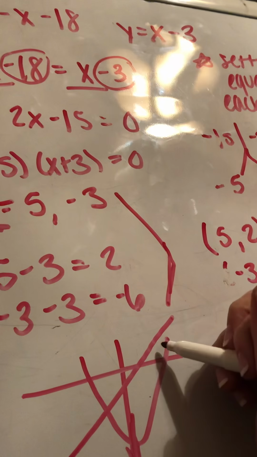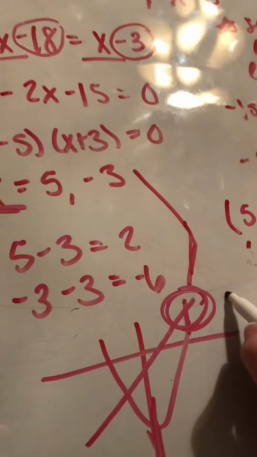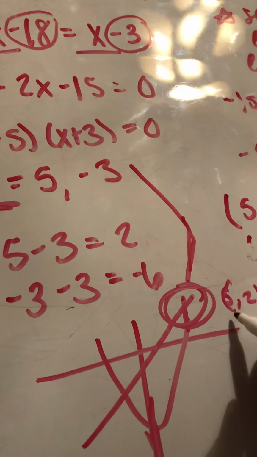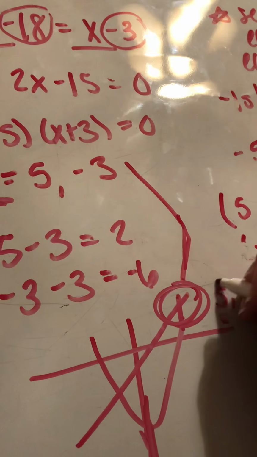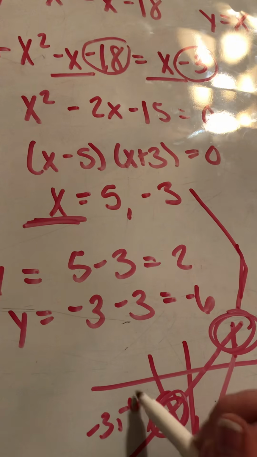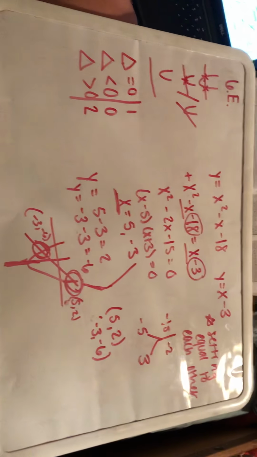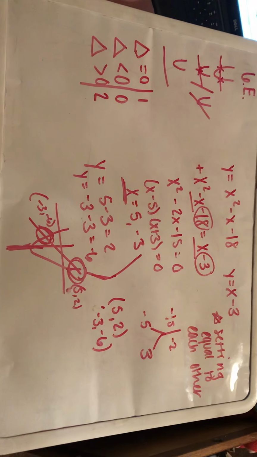So this would be your 5, 2, then this one would be your negative 3, negative 6. Okay, so I'll back up so you can see that just a little bit better. Maybe take a screenshot.